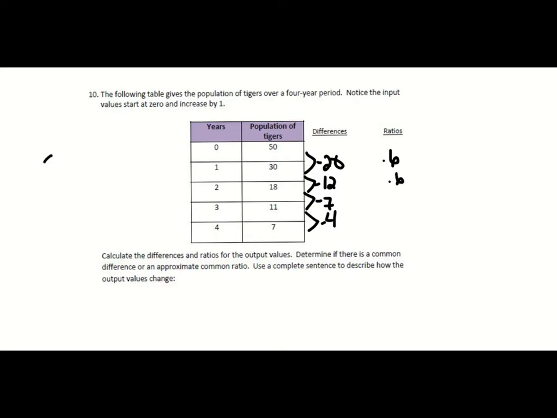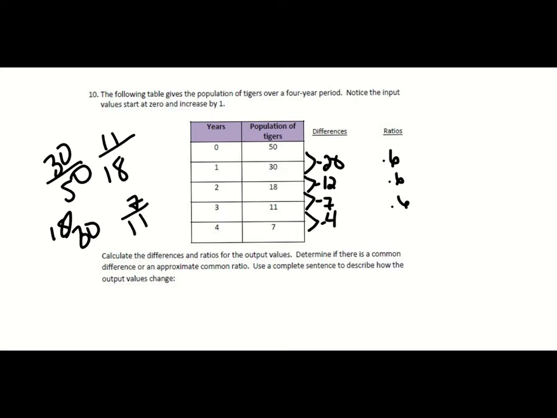So remember, I did 30 divided by 50, 18 divided by 30, 11 divided by 18, 7 divided by 11, 0.611, 0.636. So again, these are not exact, these are closer.